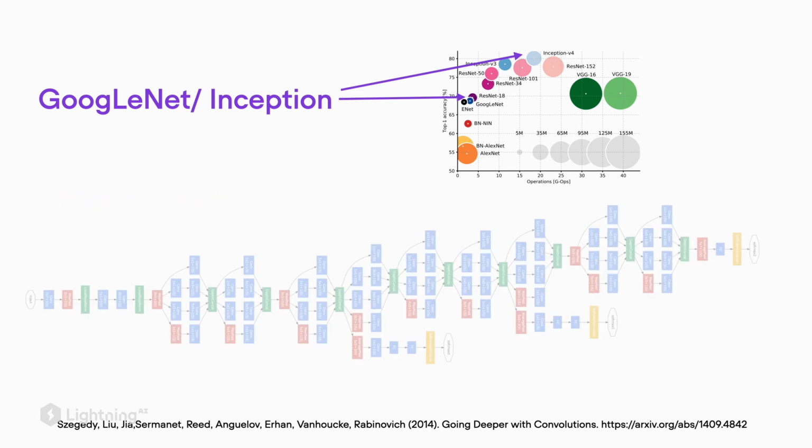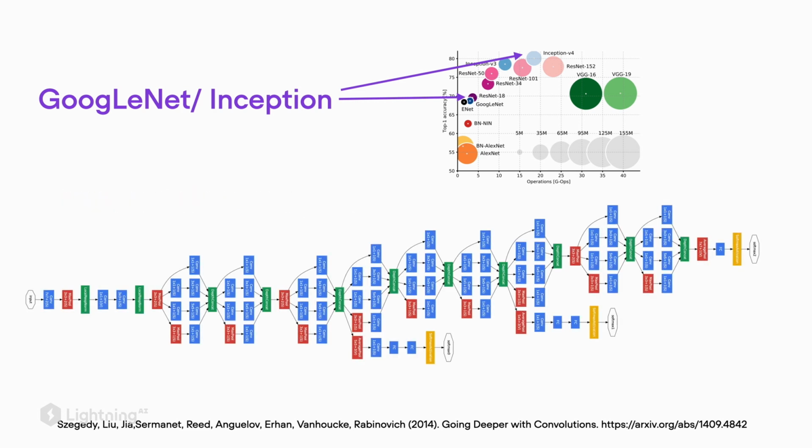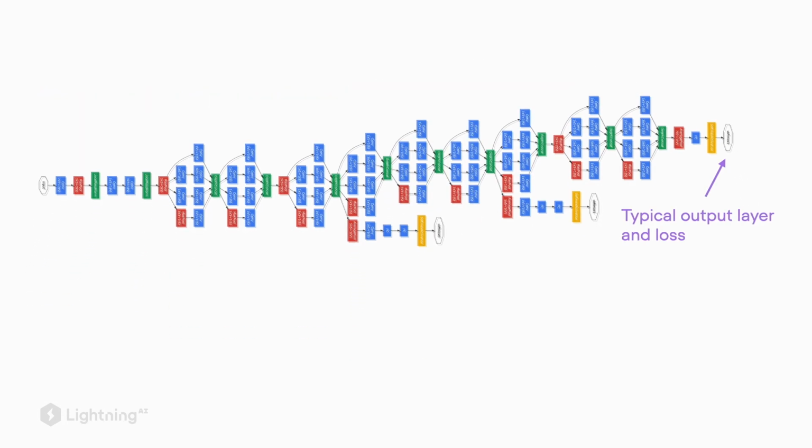Another interesting aspect about the Inception or GoogleNet architecture is the loss function. In typical networks we have this last output layer where we attach the loss function. However, in Inception we also have these so-called auxiliary output layers with additional loss functions. And the total loss function is essentially a sum over all these different losses. So why do we use these auxiliary losses in Inception?